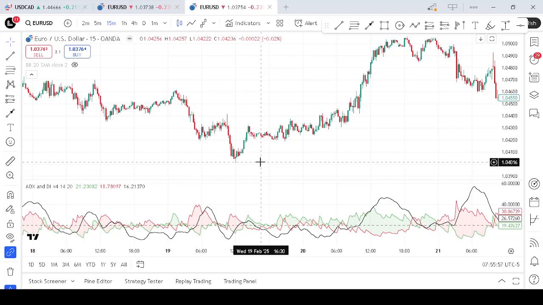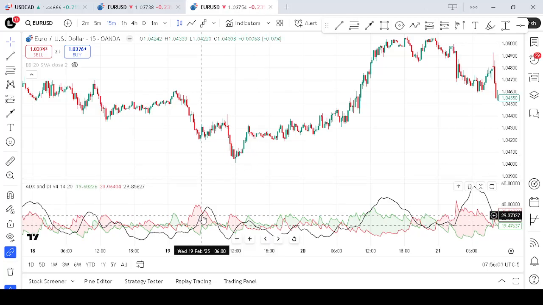The ADX indicator consists of three essential lines on your chart. The first line, which is this black line we can see here, is the ADX line. The plus directional indicator, which is the plus DI line, is the green line we can see here, while the minus directional indicator, the minus DI line, is the red line we can see here.